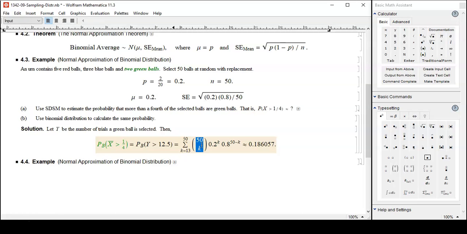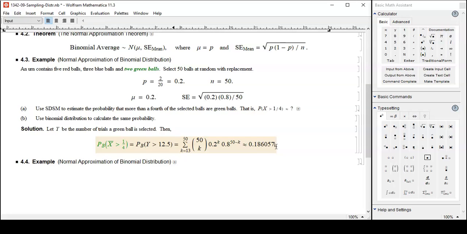Don't even think about trying to calculate this with a handheld calculator. It's not possible. 0.2 to the k power, where the power is getting close to 50, oh my goodness, and then this one is equally as brutal, and do your computation and repeat it from 13 to 50, because a quarter of 50 is 12.5.